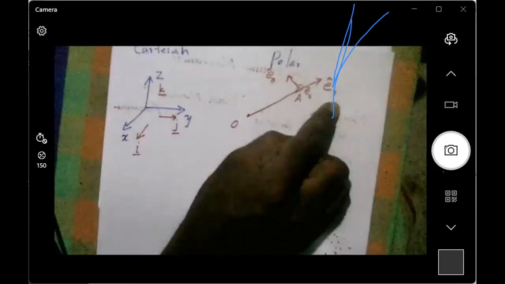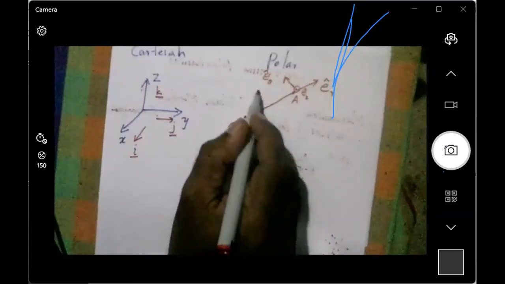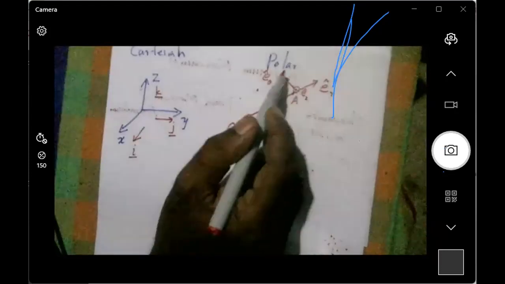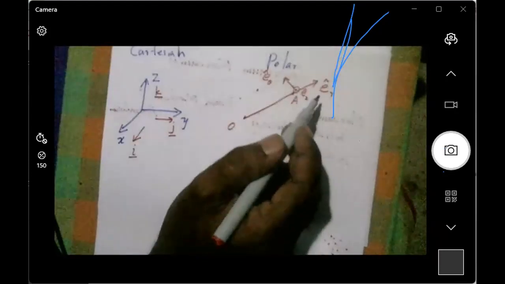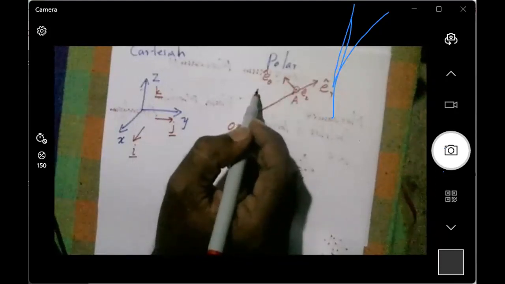When the particle moves to another point, unlike the Cartesian case, what will happen? If the particle comes here after some time, your unit vectors also travel with that particle, right?